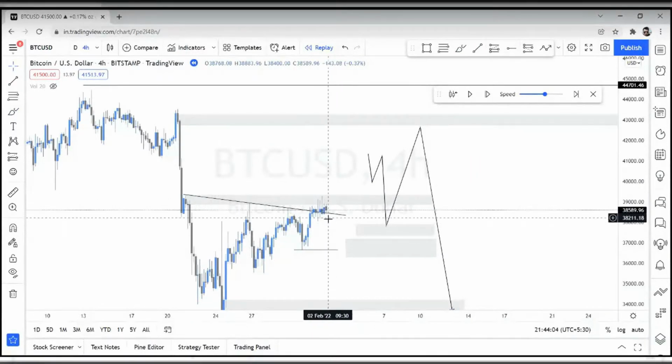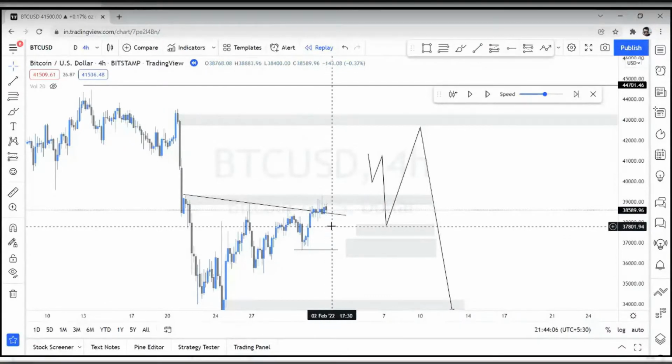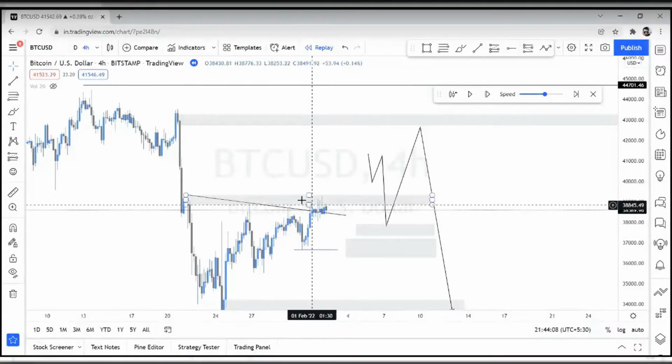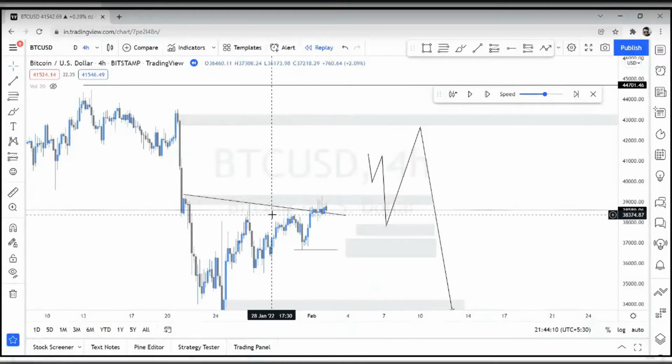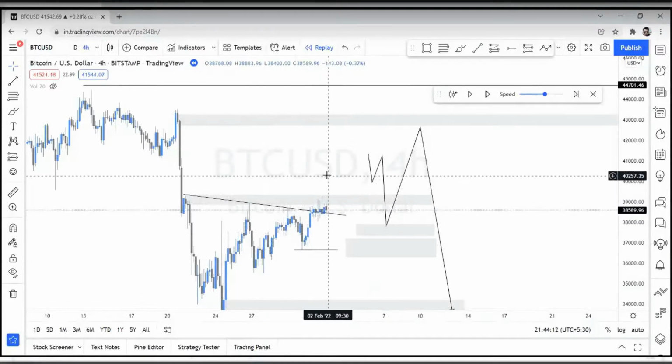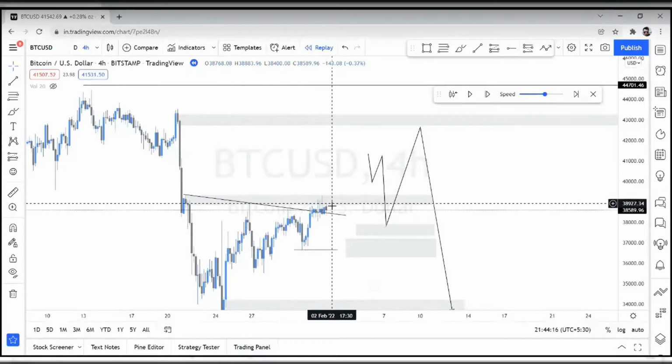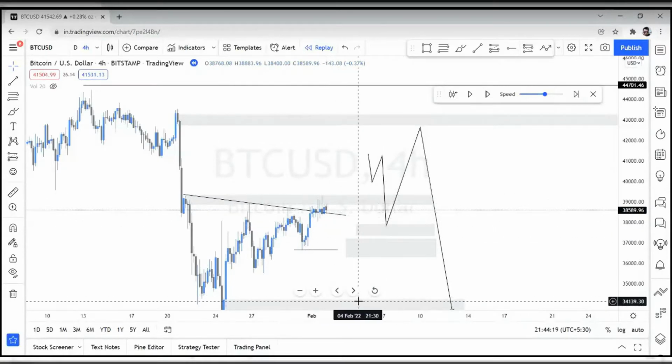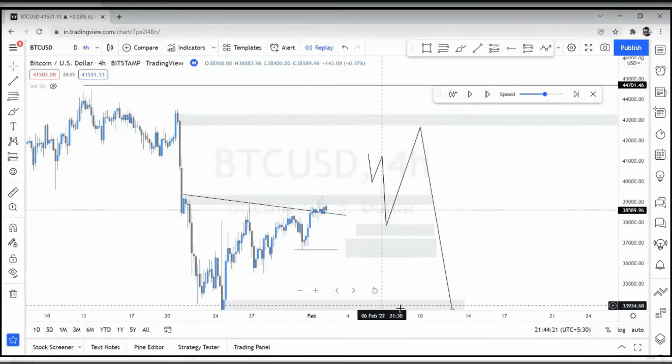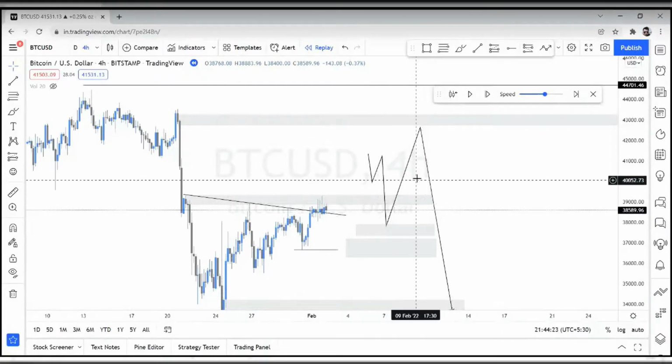Their stop loss may be somewhere here, we don't know, but there will be sellers here. So we take out those sellers, take their stop losses, and then we move down and reach this zone for buying, and then it moves up and potentially goes down.